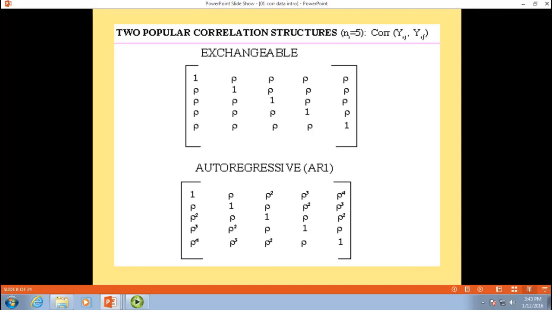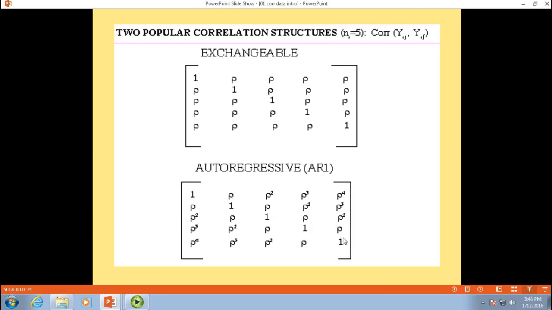Look at the row here and the row here and the row here. This is the correlation between the first and the second observation. This is between the second and the third, right? What's this between? Third and the fourth, and between the fourth and the fifth.